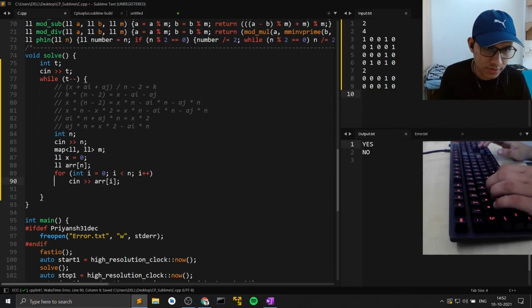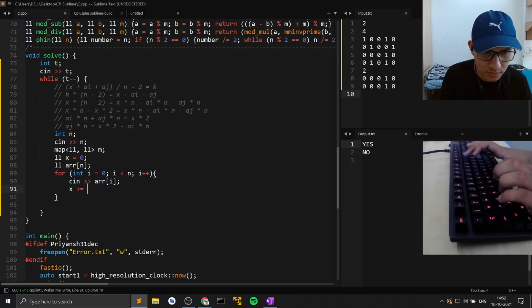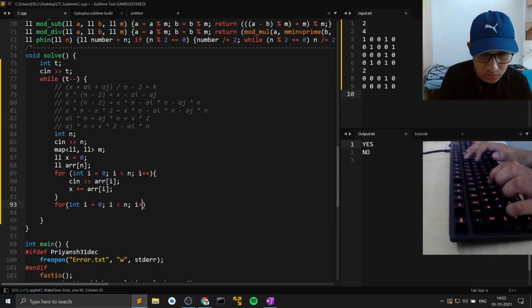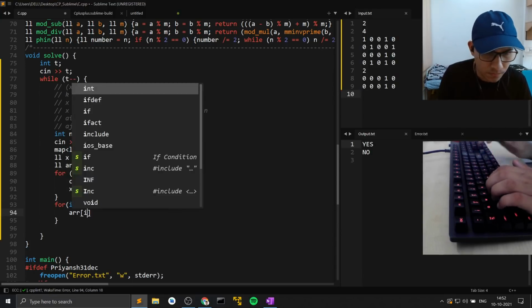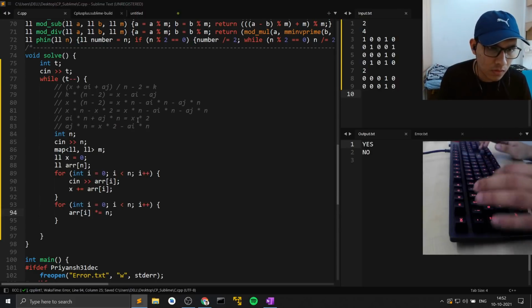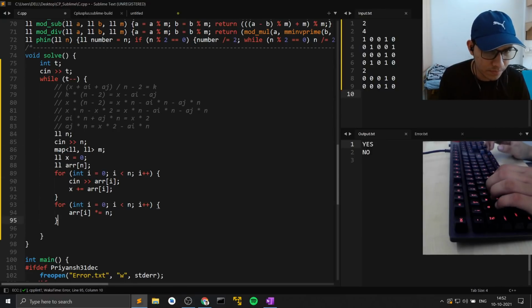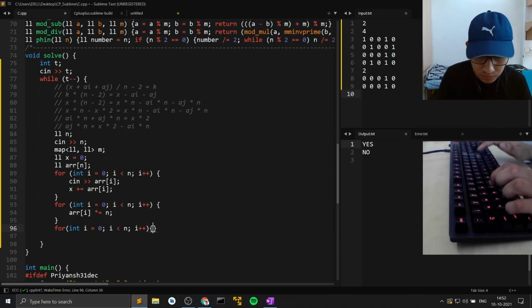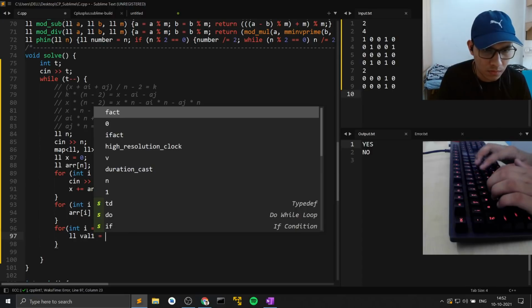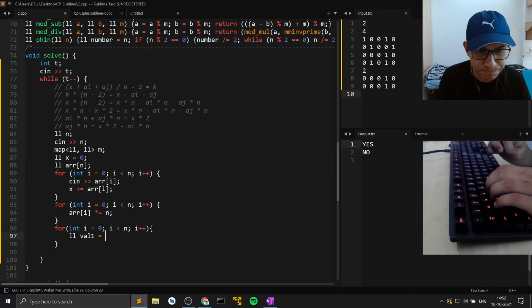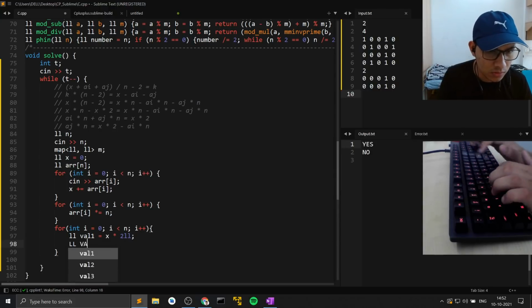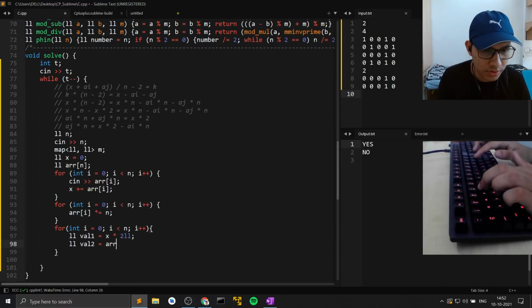Okay, now I have this. I also need to add this value to x. Now I can do this. Val1 equals to x into 2. Val2 equals to arr at i.